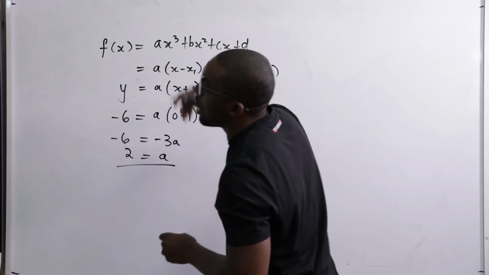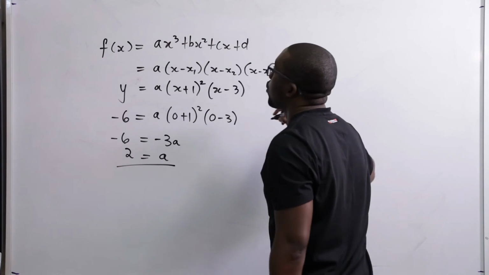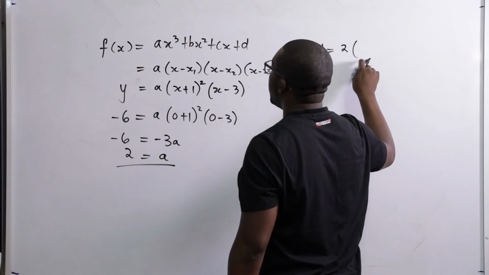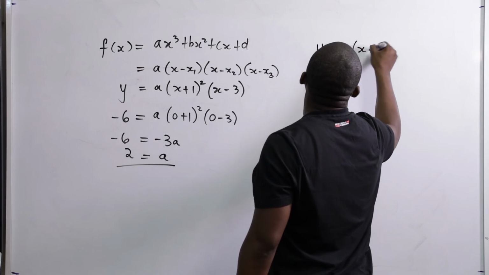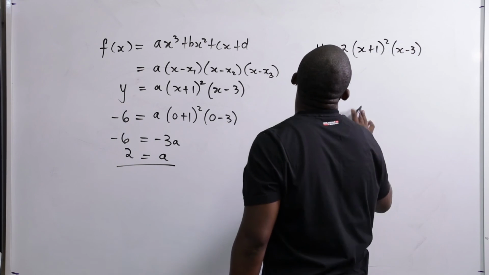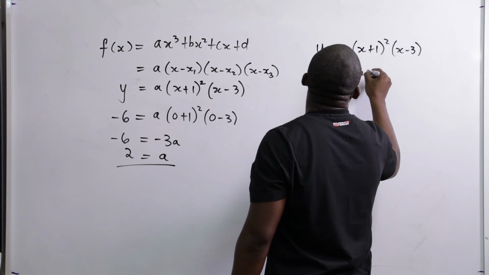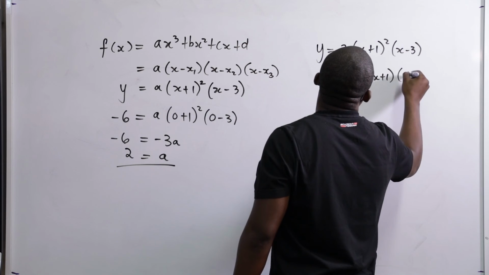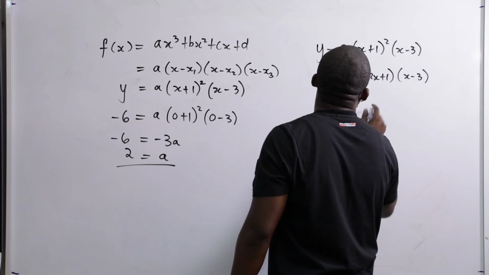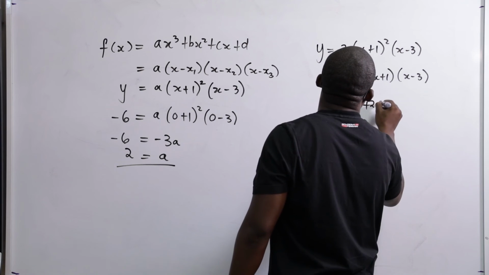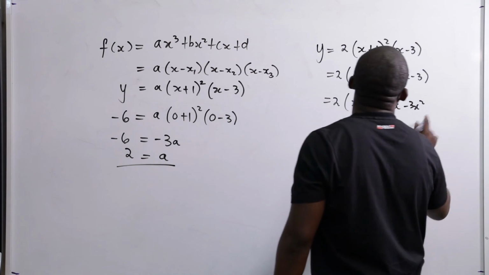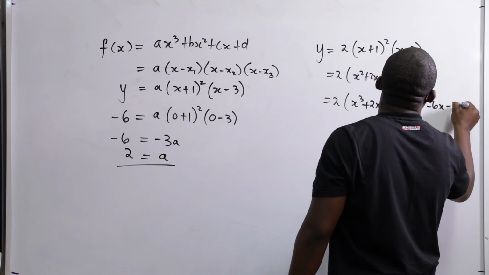Then thereafter, to get the other values of b, c, d, we have to substitute and expand. y is now equal to 2 times x plus 1 squared, times x minus 3. That is 2 times x squared plus 2x plus 1, times x minus 3. x cubed plus 2x squared plus x minus 3x squared minus 6x minus 3.